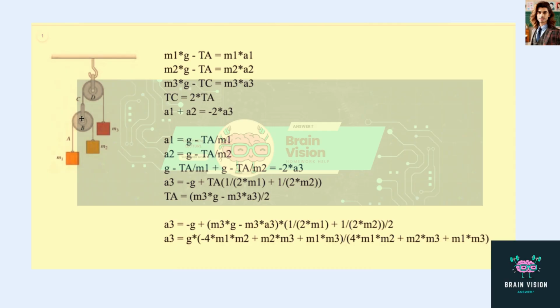So if mass 3 is accelerating down with some magnitude, pulley B is going to have to be accelerating up with the same magnitude. So the acceleration for pulley B is going to be the same as A3. It's just going to be in the opposite direction.